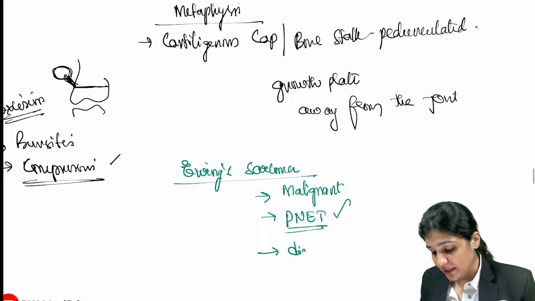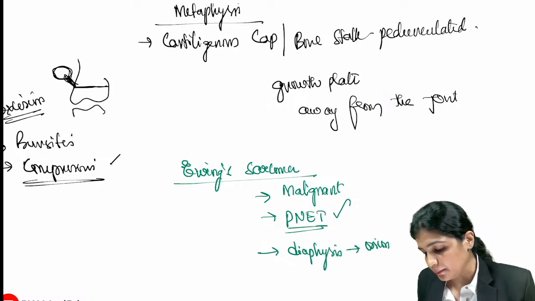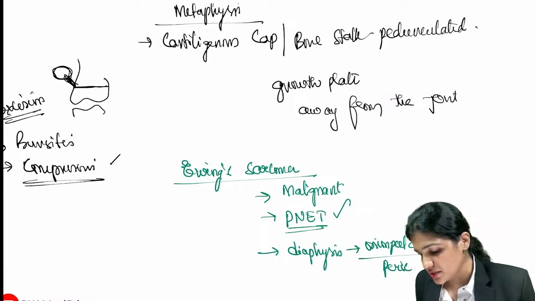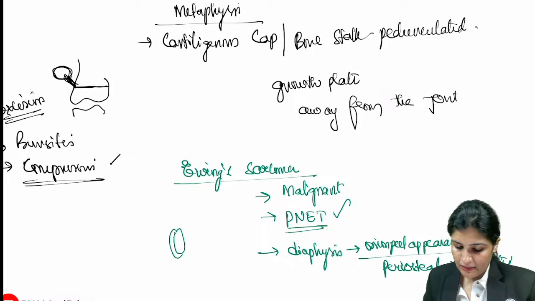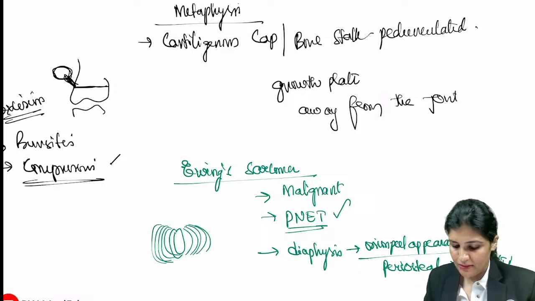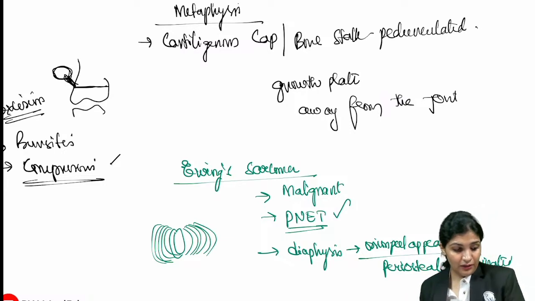Ewing sarcoma is mainly seen in the diaphysis. You will see the onion peel appearance, where the periosteal reaction is seen in a laminated fashion. So you will see this laminated appearance. Here the periosteum is formed like this. So this is something like your onion, right?